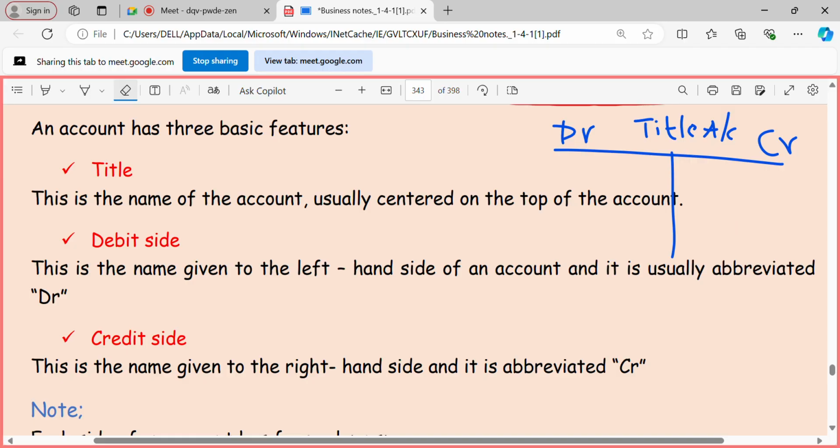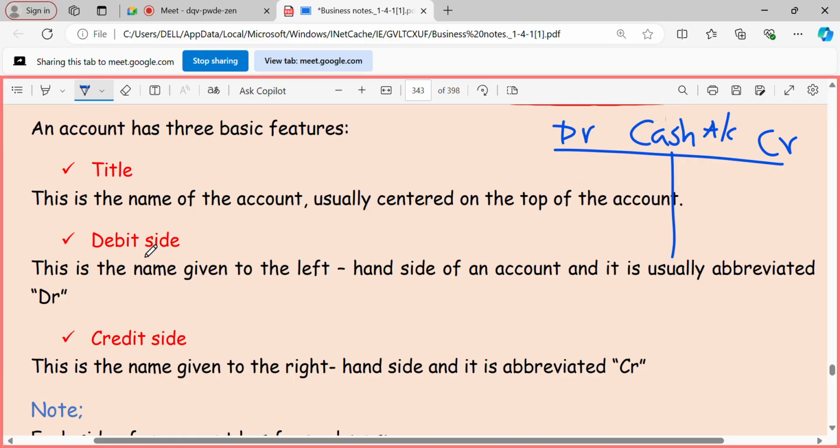Let's say, for example, we are recording cash. So it is going to be cash account, and that is how it's going to look. The DR is meant for the debit side, and it should be on the left hand side, while the CR, its full name being credit, the credit side, should be on the right hand side.